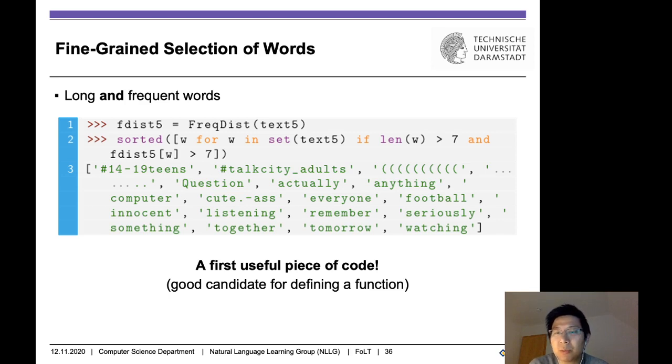Then we will find words like questions, computer, football, watching, listening, and so on. And from these words, we still cannot get the full picture of the stories, right? But in a sense, we can know something very specific about the content.